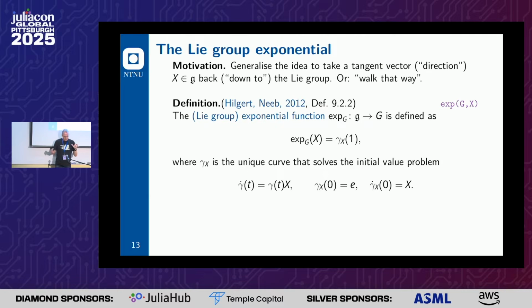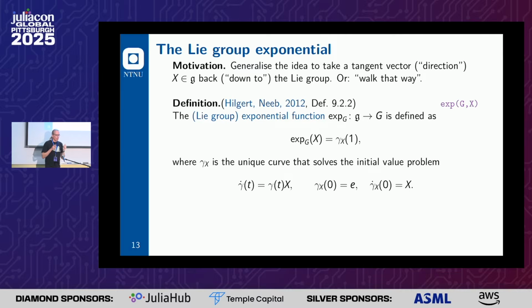That's really just, what does walking around with this X mean for the vector field? I want to start at the identity with the right direction, and then I evaluate it at 1. So that's how I can walk around on a Lie group, because I just compute this ODE, evaluate it at 1, and then I get my Lie group exponential function.